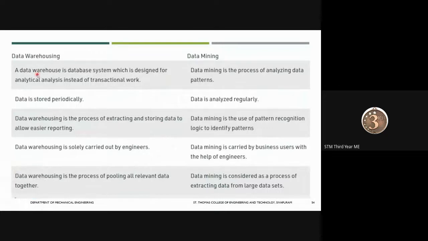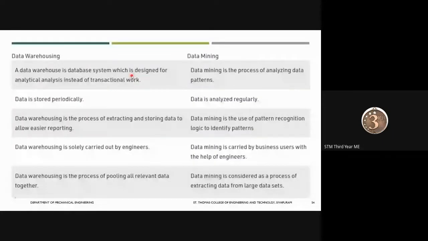data warehousing is a database system which is designed for analytical analysis instead of transactional work. So we are storing the data under a warehouse, and instead of the transactional work in the sense of purchasement and the cost incurred are all transactional work.